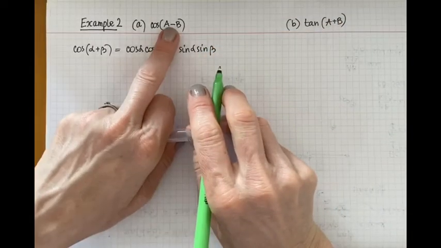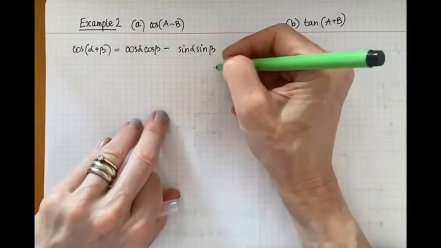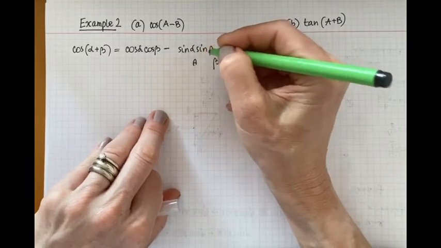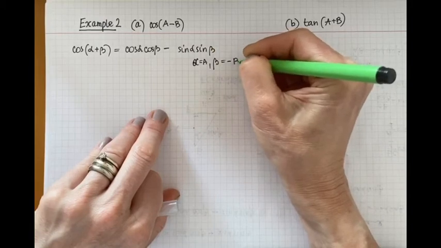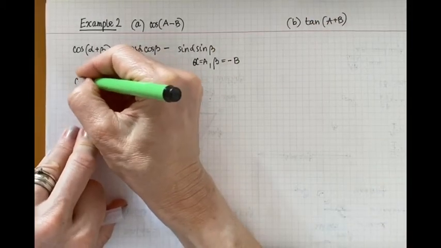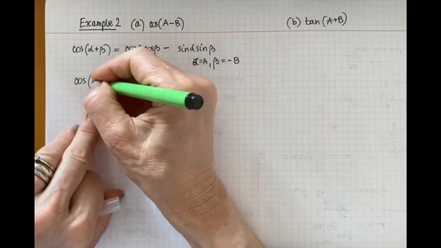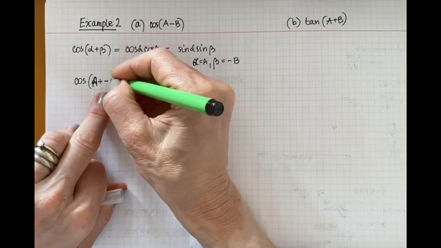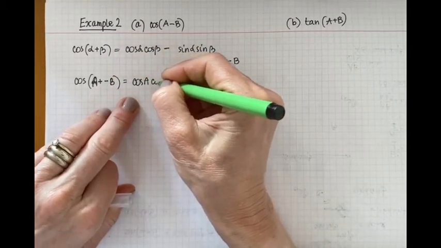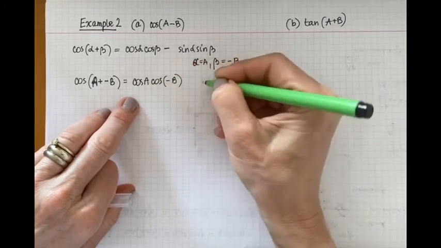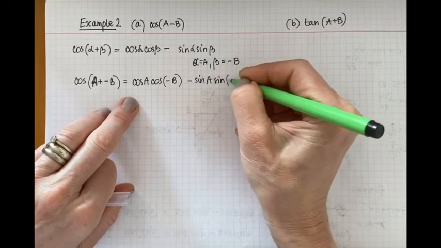Now, to generate the result for minus beta, we are going to replace alpha with A and beta with minus B. So we are going to get cos A plus minus B, and you are going to get cos A cos minus B, minus sine A sine minus B.